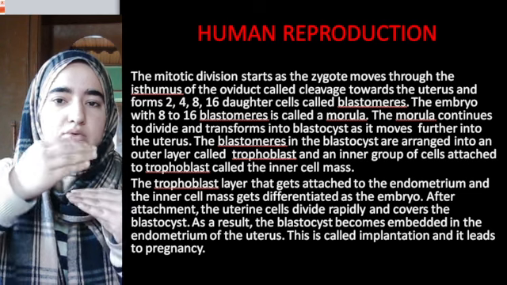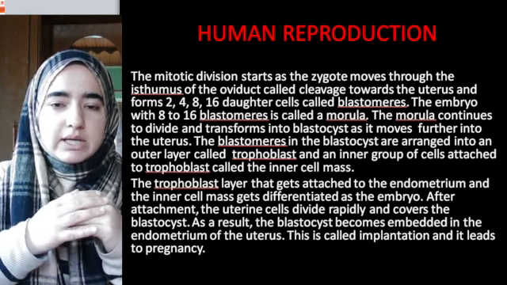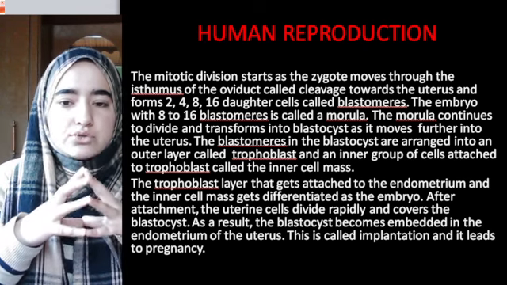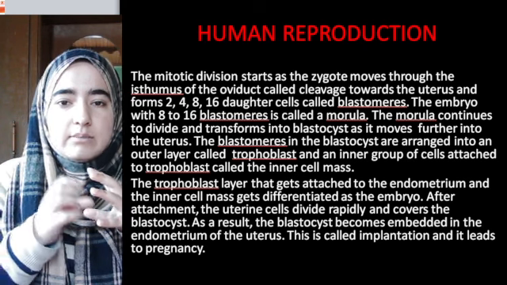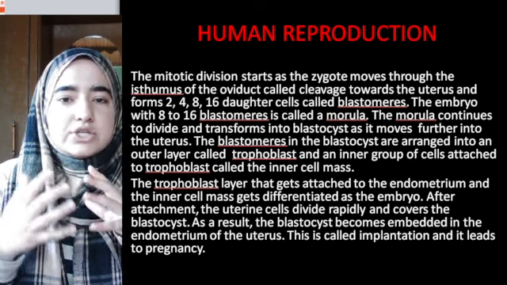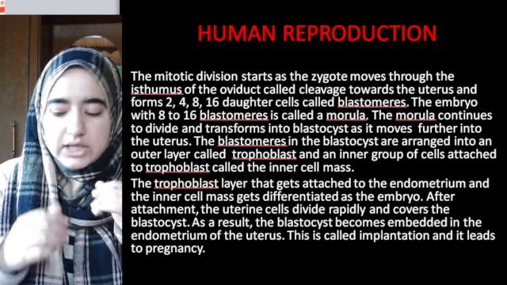After the endometrium, outside we have the myometrium, the middle layer, and after that the external layer, the perimetrium, but inside we have the endometrium. So this trophoblast will get attached to the endometrium, and the inner cell mass inside the trophoblast is differentiated as the embryo.